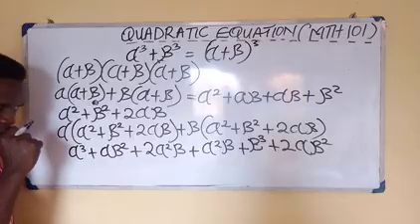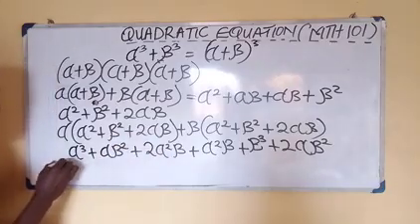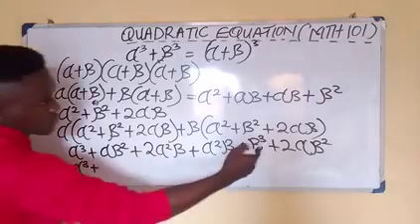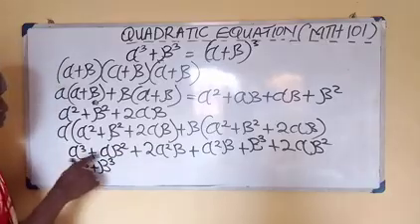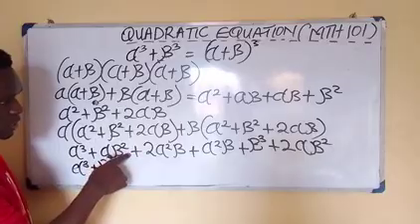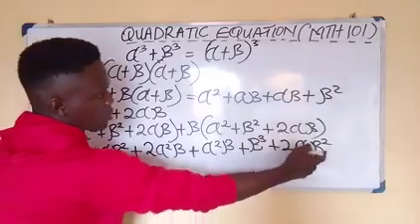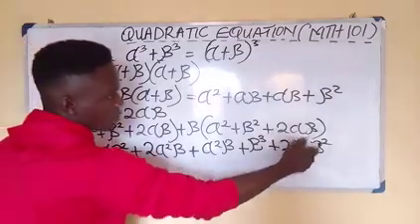So what do I do next? Excuse me, I will now rearrange. So I'm having alpha cube plus beta cube, and I'm having alpha beta squared here. We should look for another one, and we now have another alpha beta squared. We now have 2 alpha beta squared.